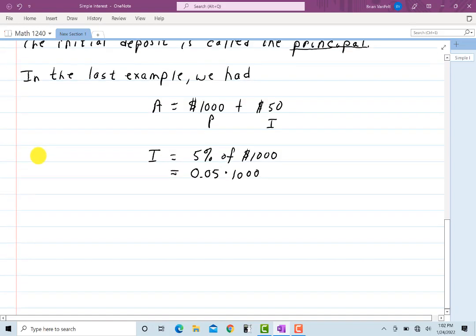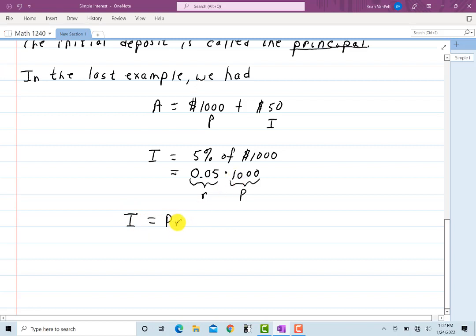Notice what these things are here. This little thing, this 0.05, is the interest rate. I'll call it by a lowercase r. And once again, there is the principal. So the formula for the interest looks like this. It's the principal, and then you have r.